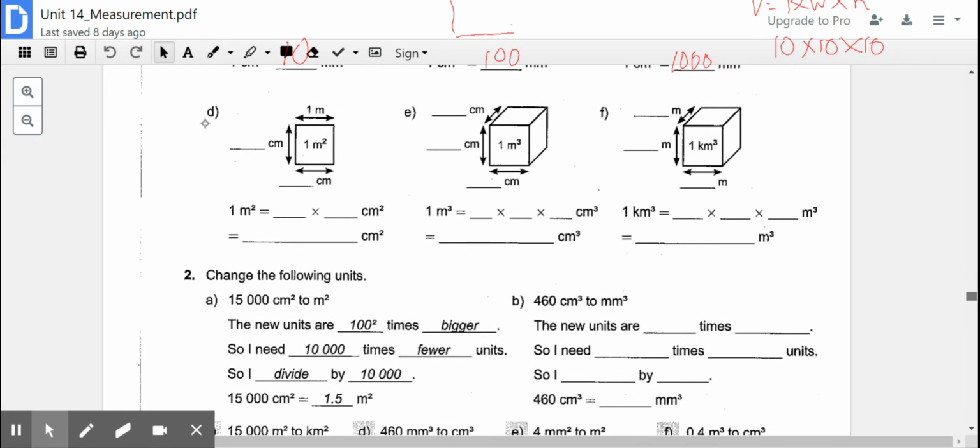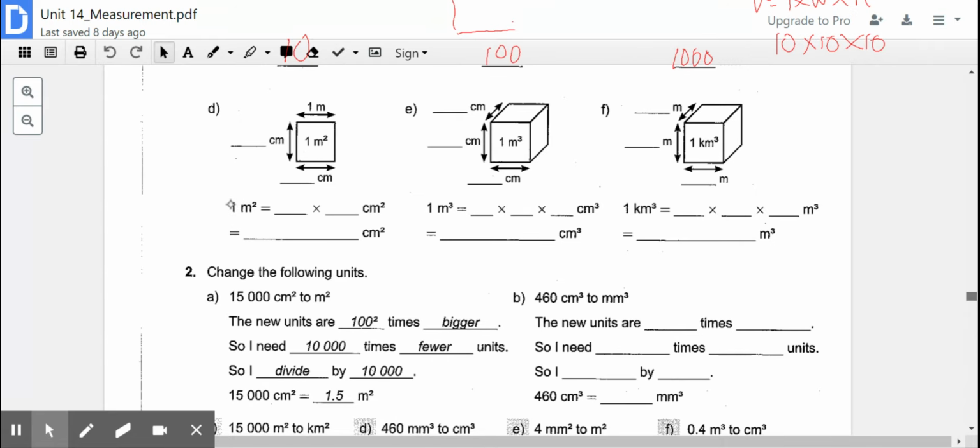Take a look at question D with me. Question D, they've given us the total dimension is 1 meter squared, and they want to know how many centimeters will make up this square here. Now, this is just a two-dimensional shape, and in each meter, we know there is 100 centimeters. So there's 100 centimeters this way and 100 centimeters this way.